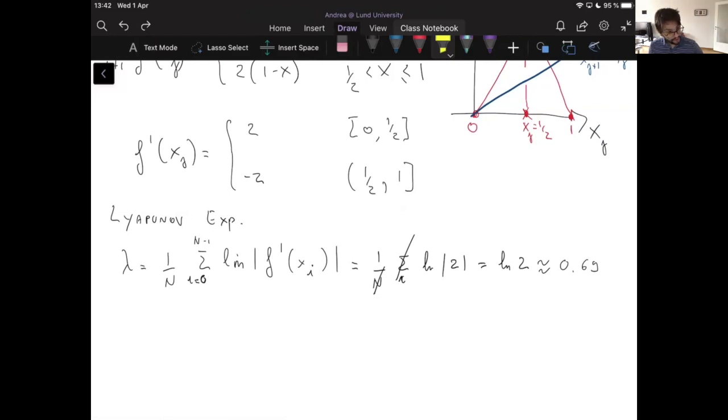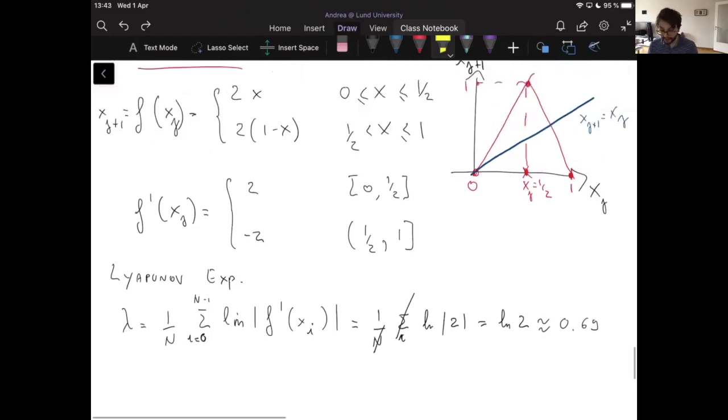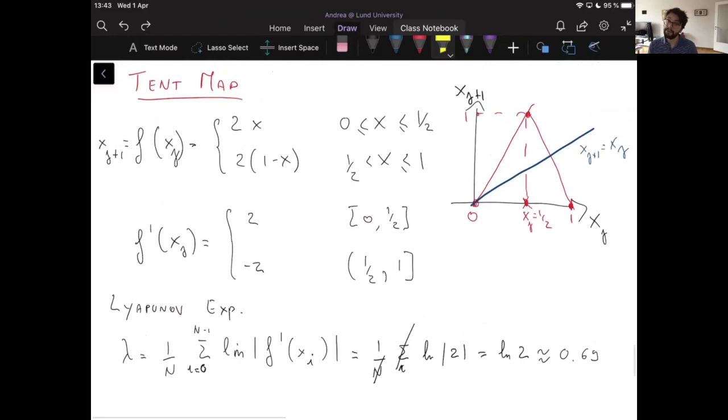So, one of the things that was demonstrated using this type of symbolic handling is the fact that this tent map is basically equivalent to the logistic map.